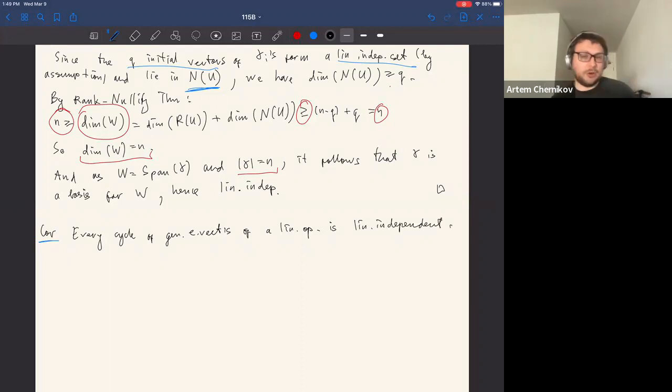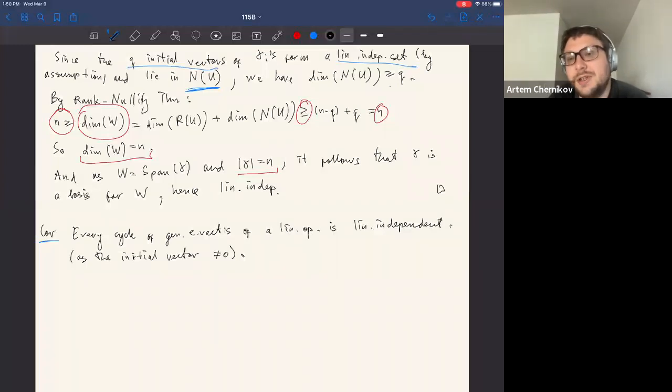Okay, so this corollary is immediate from the theorem, simply by looking at the case when we just have one cycle and the initial vector of the cycle is not zero, hence it is automatically linearly independent.